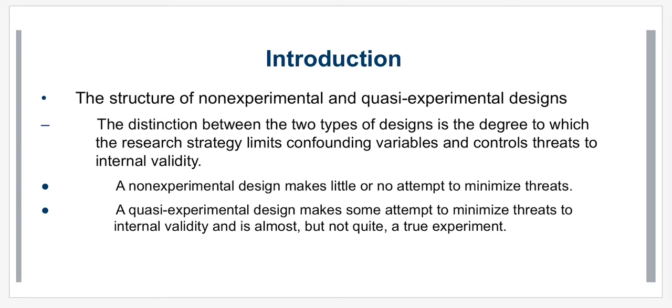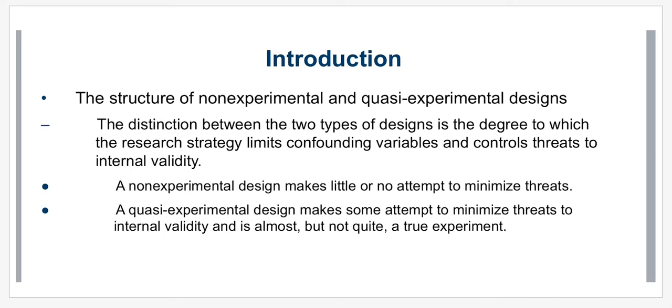And so in those situations, especially education and clinical settings, the researchers often are going to use a research strategy where they collect the data similar to an experiment, and then they're going to compare the groups of scores just like an experiment.